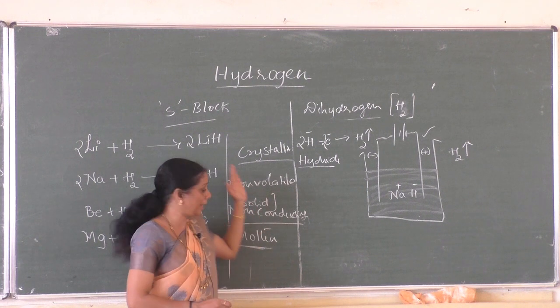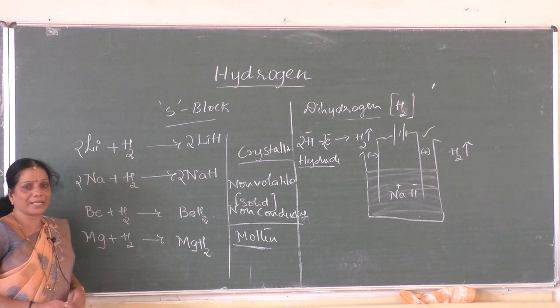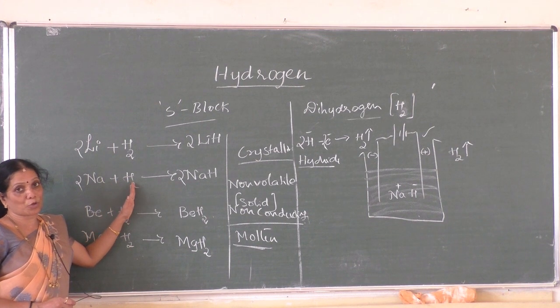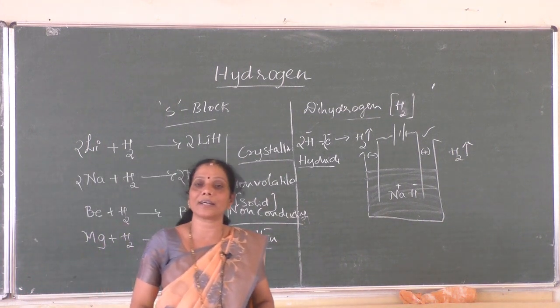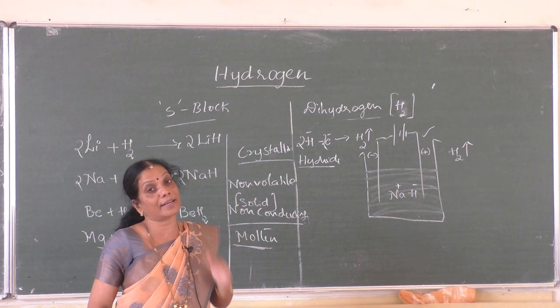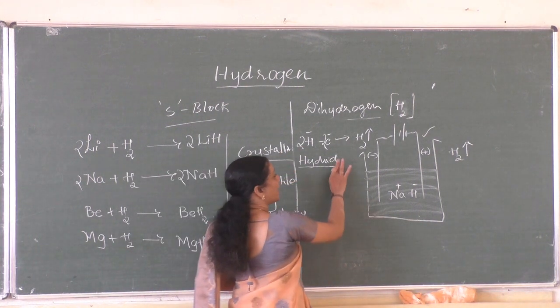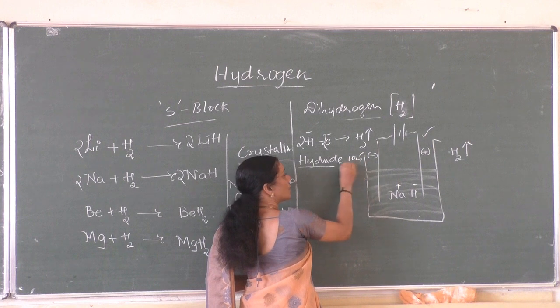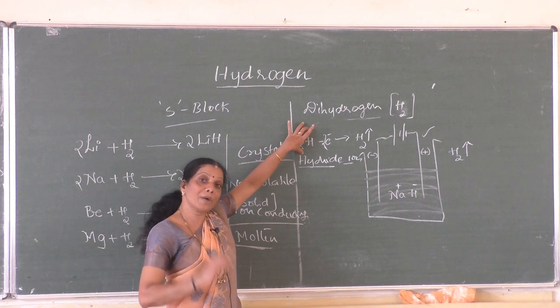That means this electrolysis process shows that in any hydride, that is the ionic hydride, formed with the first and second group elements, hydrogen always exists as a negative ion, and that negative ion is always called what? Hydride ion. It is in which form? Not in an H plus form, always it is in which form? H minus form.